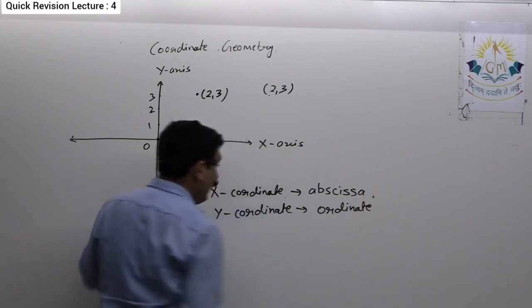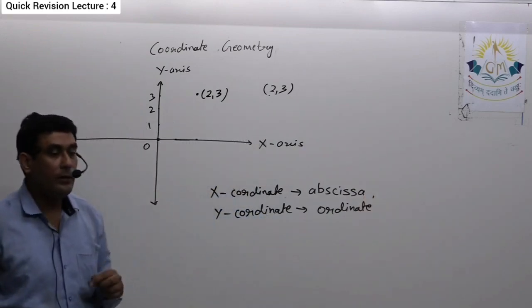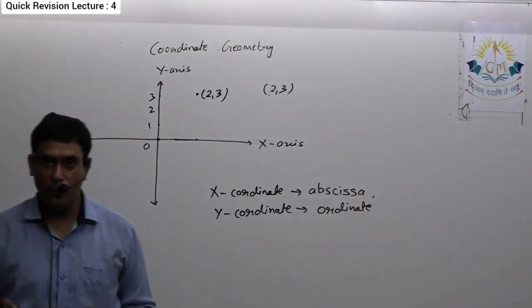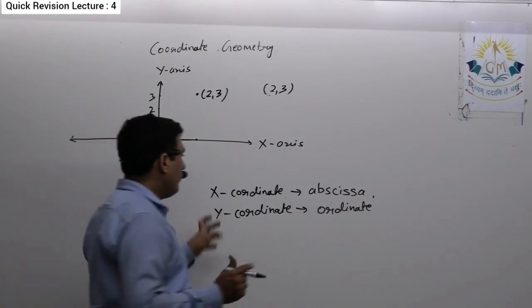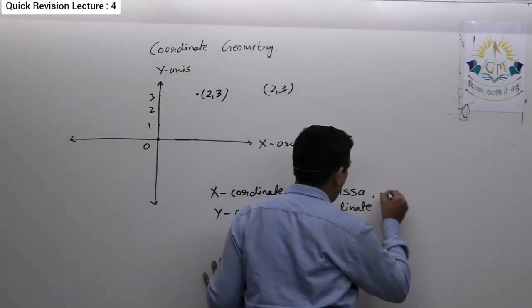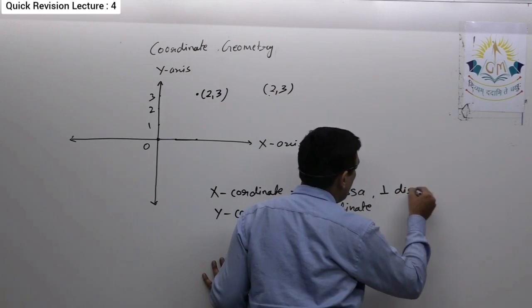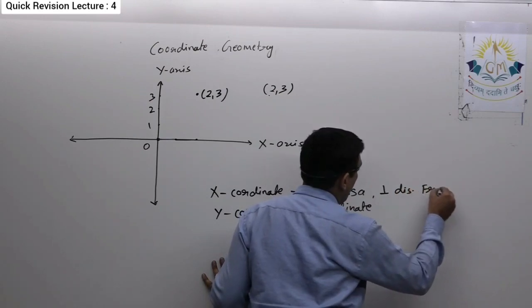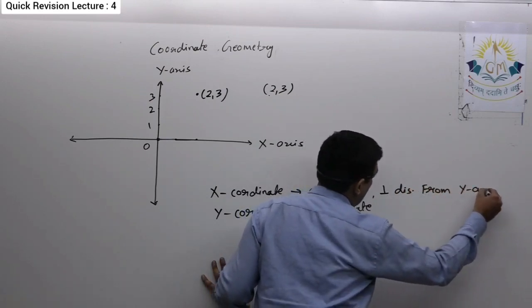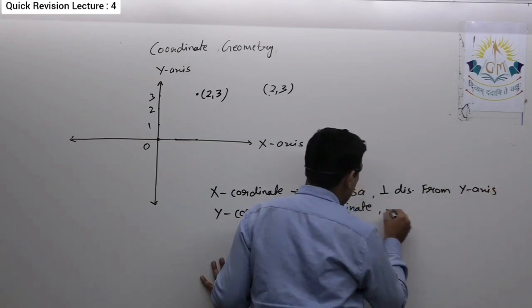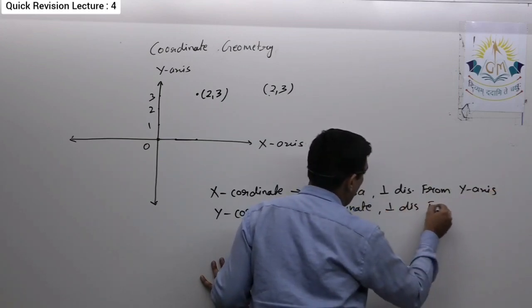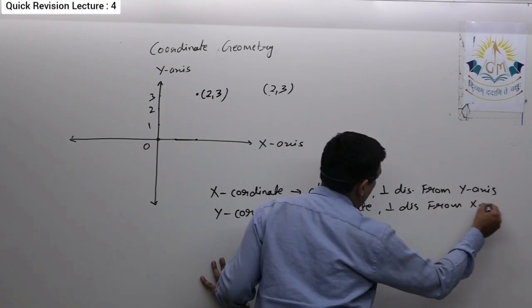Also we'll say abscissa is the perpendicular distance of a point from the y-axis, and the ordinate is the perpendicular distance from the x-axis.